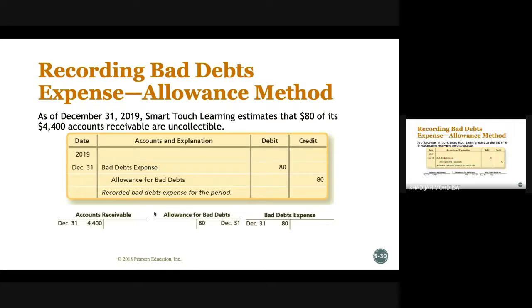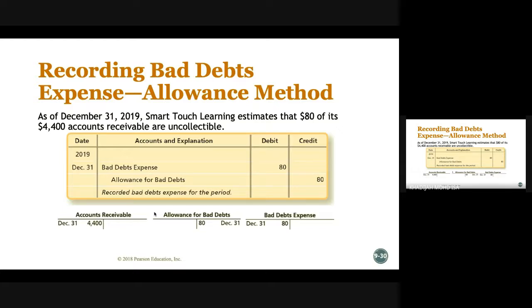As of December, Smart Touch Learning estimates 80 of its 4,400 accounts receivable are uncollectible. So when you have recognized that 80 is uncollectible, you're going to debit your bad debt expense and credit your allowance for bad debts. Remember that bad debt is an expense, so that's why it's debited.